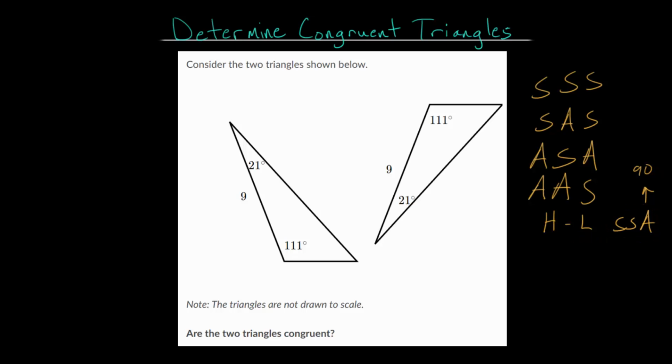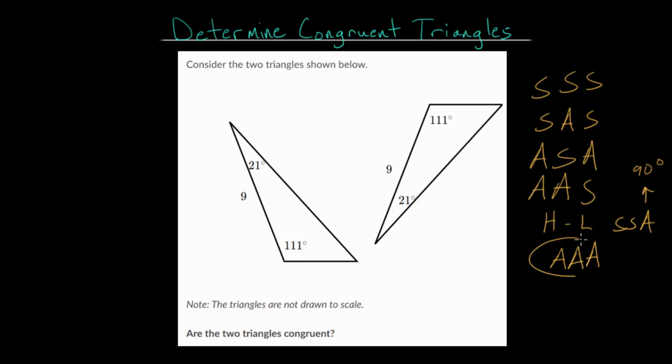And the other case we have is the angle, angle, angle relationship, where all of the angles in a triangle match up. And while it is true that congruent triangles have all equal angles, it's also possible that you have two triangles where all the angles are equal and one is much larger than the other. It's essentially a scaled version of the smaller triangle.